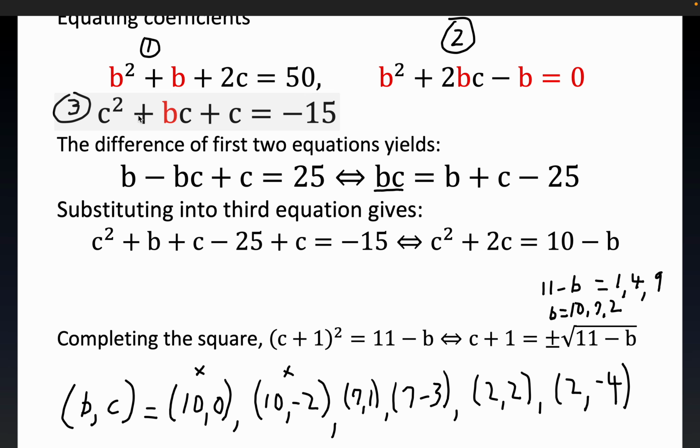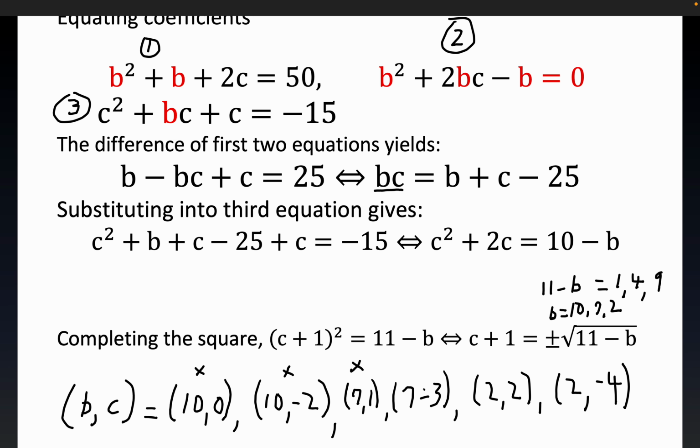Okay, now look, if you put 7 there, you get 49 plus 1 is 50, but then plus 2 times 1, that would be 52, right? So 7 and 1 is close, right? Only counts in hand grenades and war, right? Or horseshoes, is that it? Okay, so 7, 1, you go 49, 49 plus 7 is 56, plus 2 is 58, right?